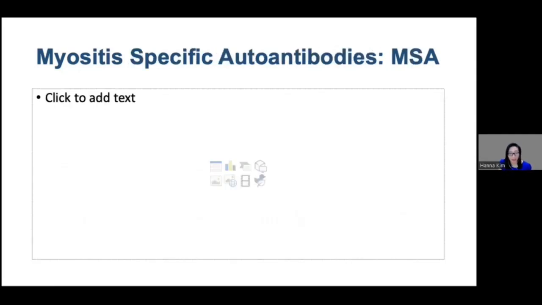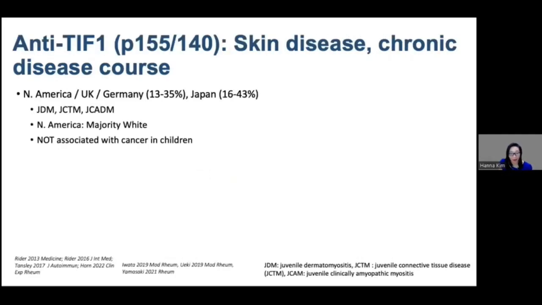So I'll next go through some of the myositis-specific autoantibodies in order of their frequency. Anti-TIF1, or P155/140, is the myositis-specific autoantibody that's most frequent. I included data from multiple cohorts from around the world that had at least 20 in their reports. In the North American, United Kingdom, or UK, and German cohorts, anti-TIF1 was present in 13 to 35% of juvenile myositis.